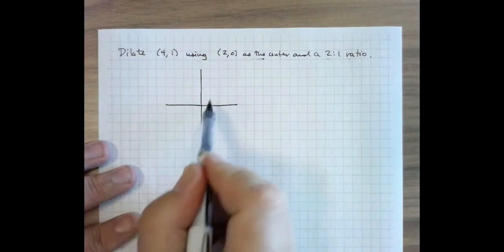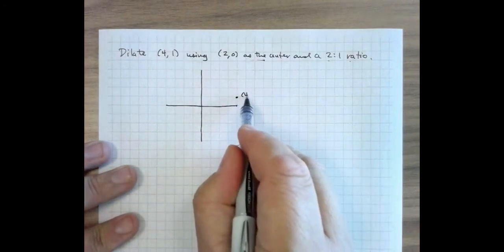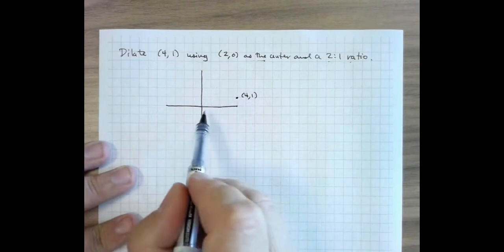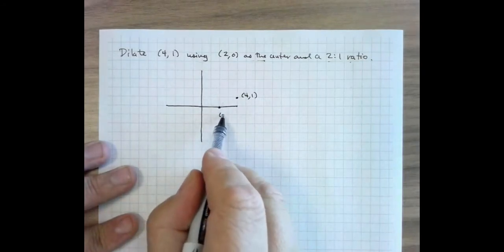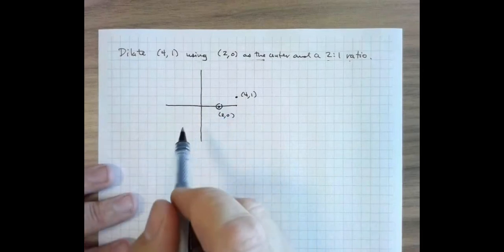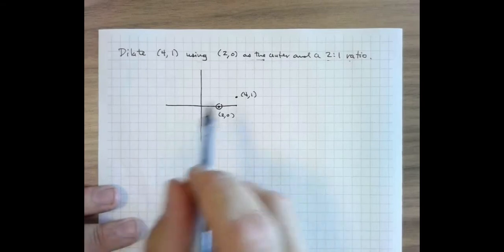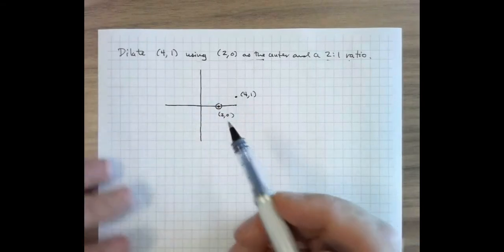4, 1 is the point I'm going to dilate. Here's 4, 1 right there. 2, 0 is going to be the center. There's 2, 0 right there. And there's my central point. And if you remember, our strategy for rotations is we drew a rectangle and we turn the rectangle. We're going to do a very similar thing here.